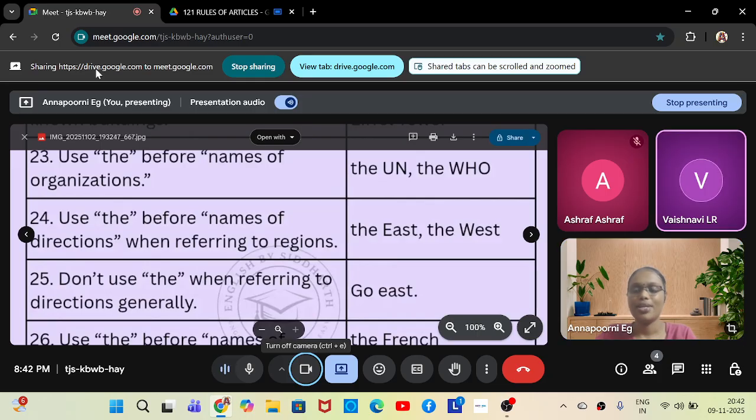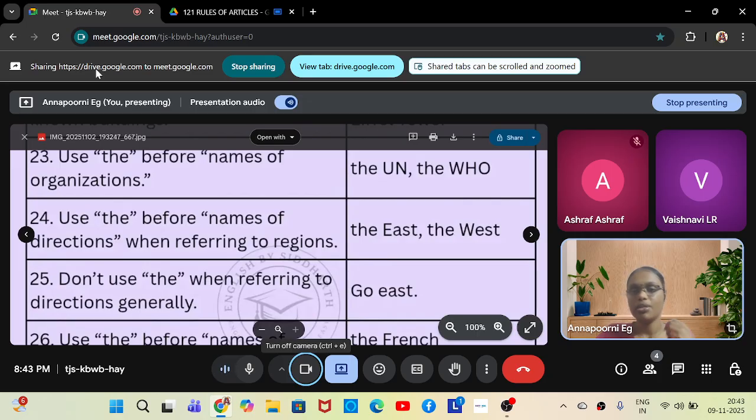Okay. So you can use the before any direction. But when you are giving directions to some person, when you want to direct someone to reach an office or a post office or a school or college, you ask them to go in a particular direction. At that time, you should not use the.